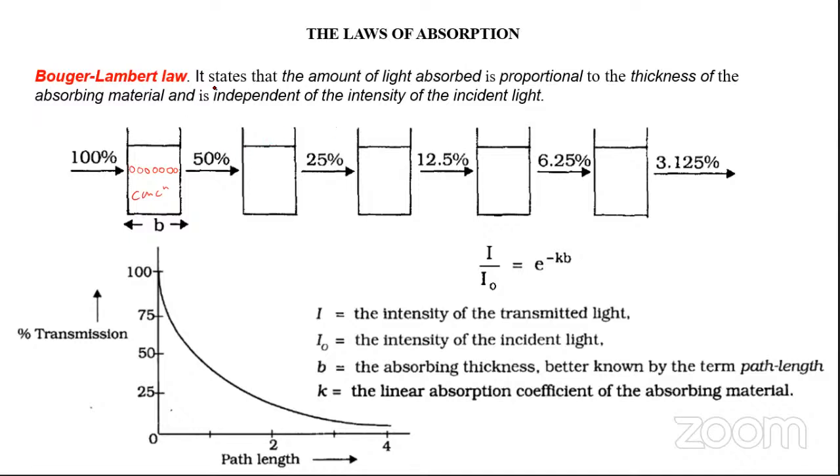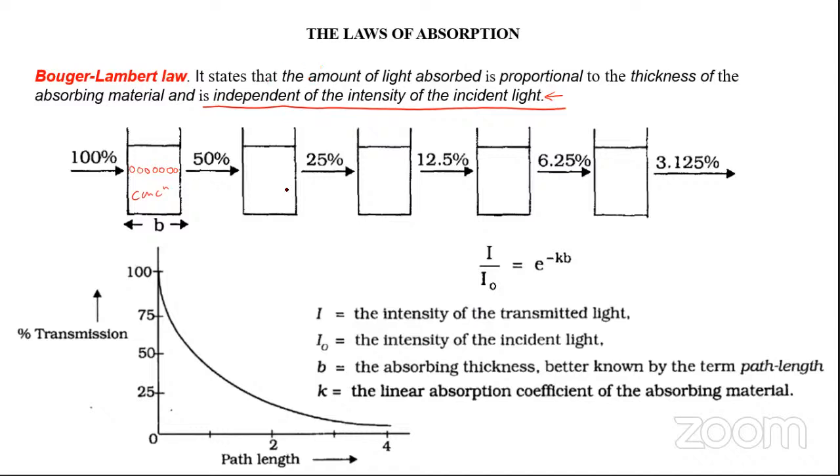The statement says that the amount of light absorbed by the absorbing material is proportional to the thickness of the absorbing material and is independent of the intensity of incident light. So do you believe that this is valid? Did you notice that every time I stated the law, I also stated this, that it is independent of the intensity of incident light?